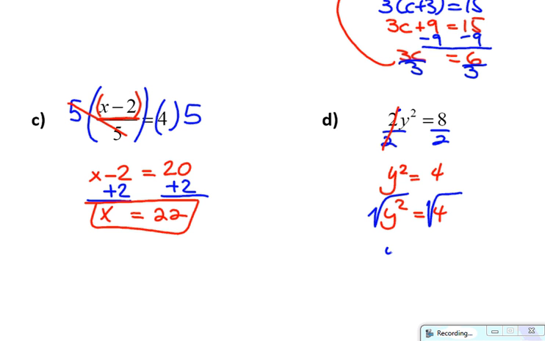And I come up with y is equal to 2, but it also could be equal to negative 2, because there's actually two numbers that, when you square them, you get 4. 2 squared is 4, and negative 2 squared is also 4. So when you take the square root of both sides, you actually come up with 2 answers. So a plus or a minus 2. So that's my answer.